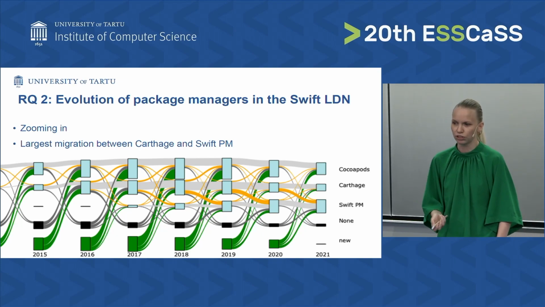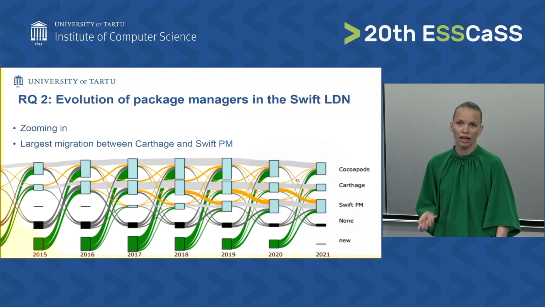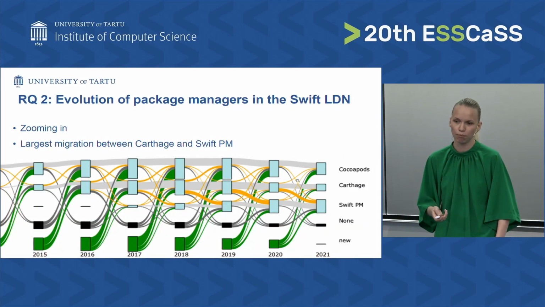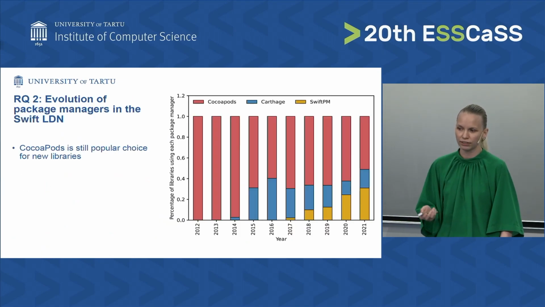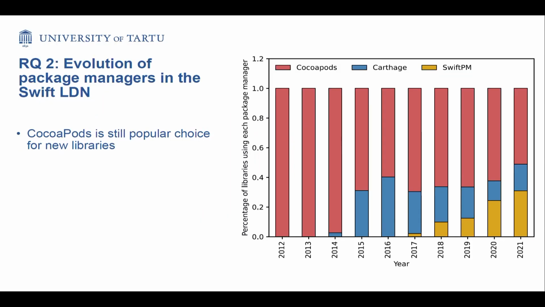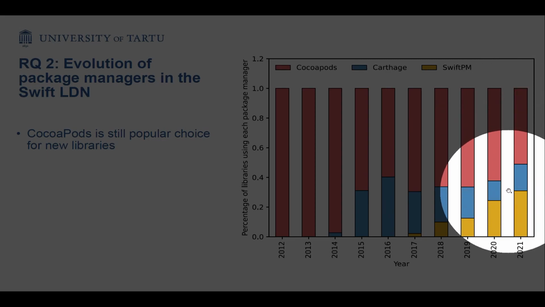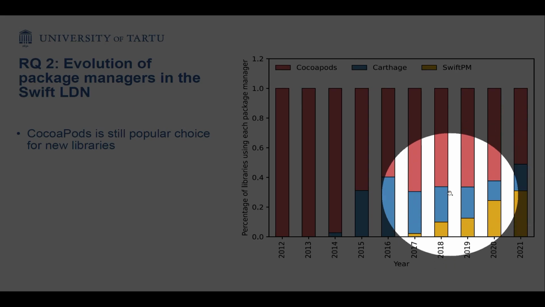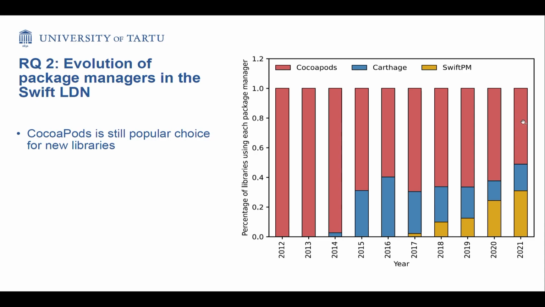But the interesting thing was that CocoaPods is still quite popular, and maybe this is due to some of the more unique features. For example, if you look at which package manager new libraries are using, we see that CocoaPods is still being picked, although it's quite an old package manager. We have newer, I would say maybe better alternatives, but it's still the most popular one even now.